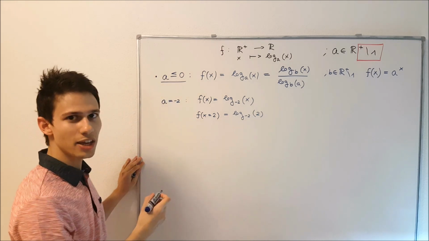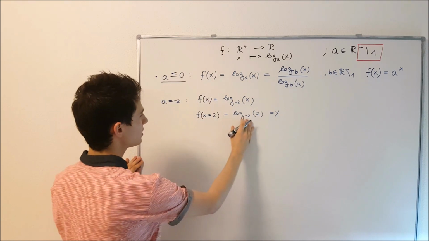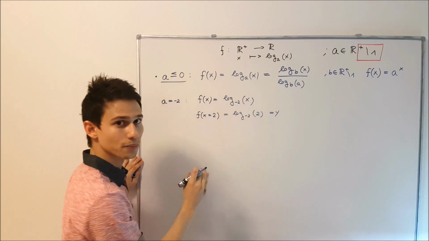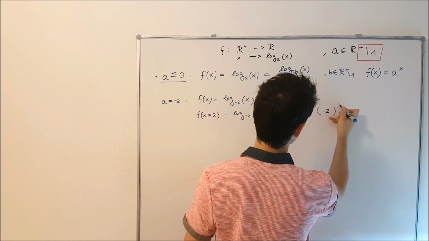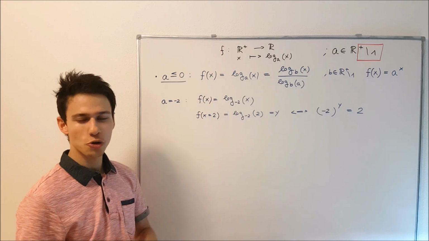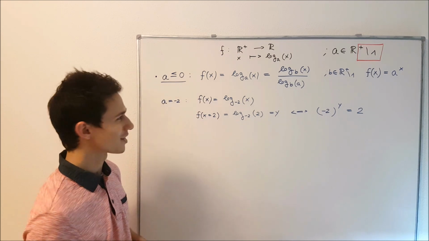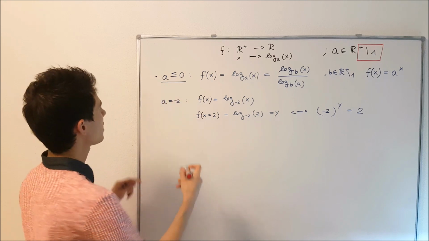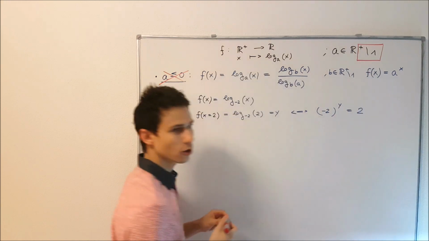And you know that this has to equal some value y, and this y tells you minus 2 to which exponent y will give you 2. So this is just the same as saying minus 2 to which power y will give you 2. And I don't know a solution for that. Maybe you do. If you go to complex variables, you're going to find one, but we're not that far yet. So yes, you really have a problem as soon as you take such values. Therefore, don't do that. So now the plus sign should be clear already.